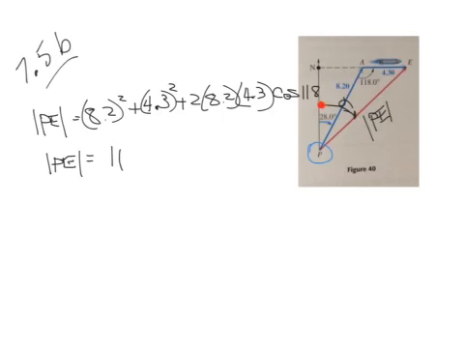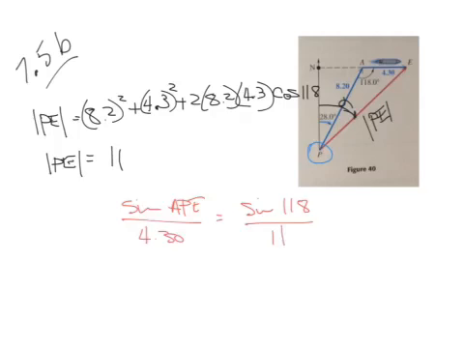The other thing I'm looking for is this right here. So I'm going to find this angle and add 28 to it, and that'll give me the angle they want. For this angle, I'm going to use the law of sines. The law of sines says that the sine of APE over the opposite side, which is 4.3, is equal to the sine of my other angle, 118, over the opposite side, the 11 that I just found.